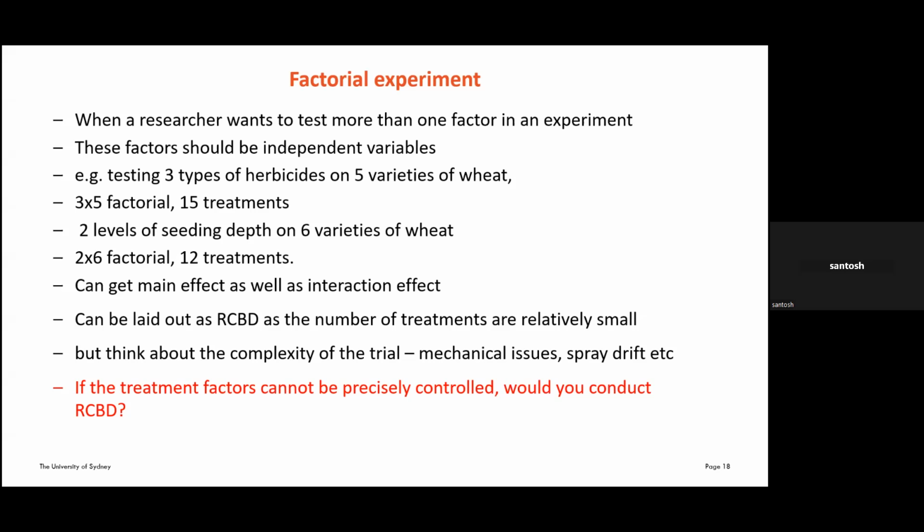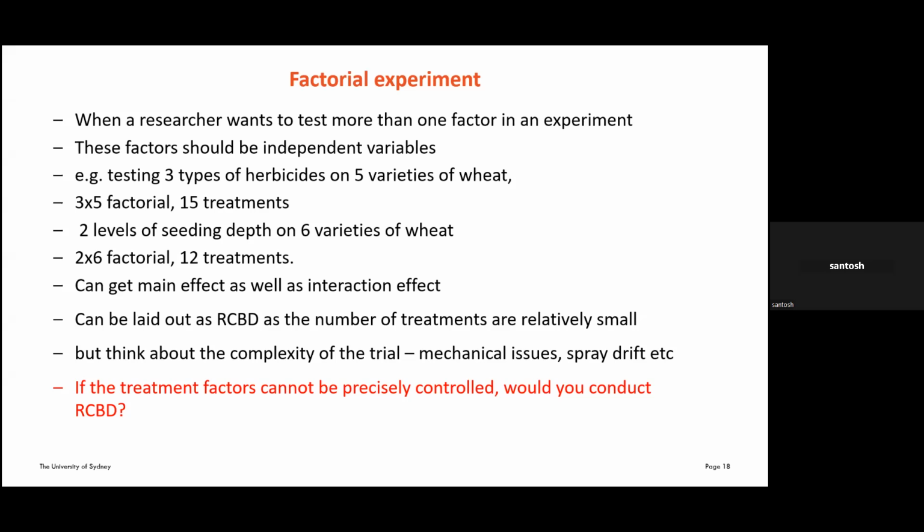In this type of replicated design, what you can get is a main effect as well as an interaction effect of both factors. And it can be laid out as the number of treatments is relatively small, as we outlined before. But think about the complexity of the trial.